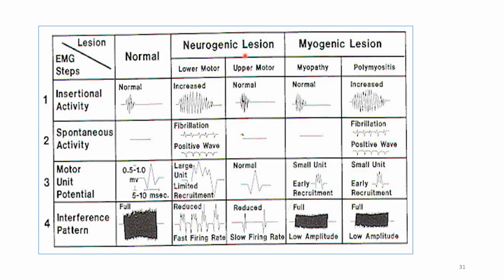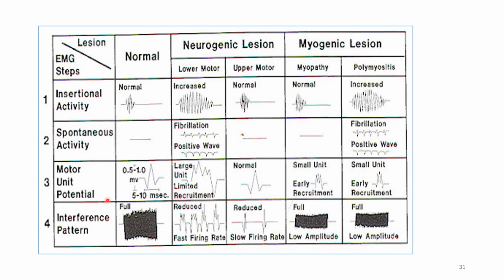Now coming to the neurogenic lesion, it may be due to lower motor neuron lesion or upper motor neuron lesion. The insertional activity is increased in lower motor neuron lesion, while it is normal in upper motor neuron lesion. And spontaneous activity is present as fibrillatory waves or positive waves in the lower motor neuron lesion. There is no spontaneous activity in upper motor neuron lesion.